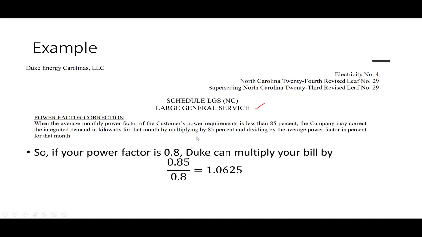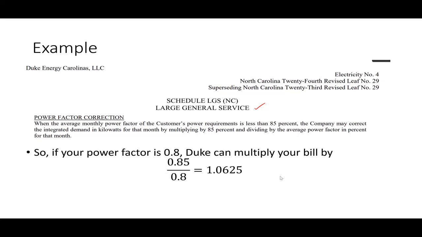What Duke is saying is they'll take your bill and multiply it by 0.85 over 0.8, or 1.0625. In other words, you'll pay about 6.25% more. This is for a large commercial customer who might pay tens of thousands of dollars a month, in which case that 6.25% is pretty significant to the change in the bill.